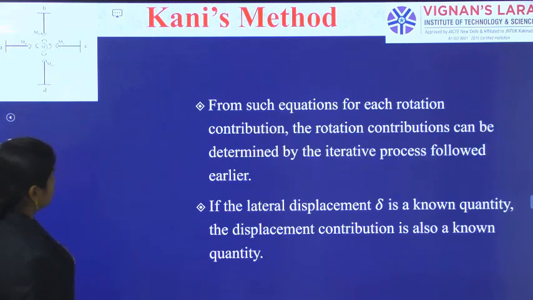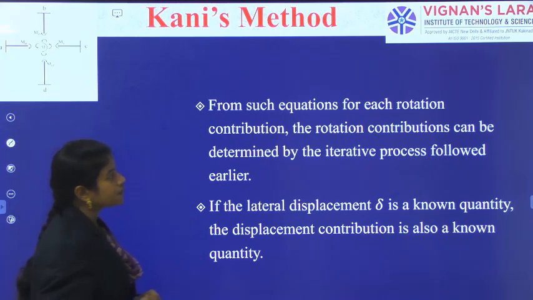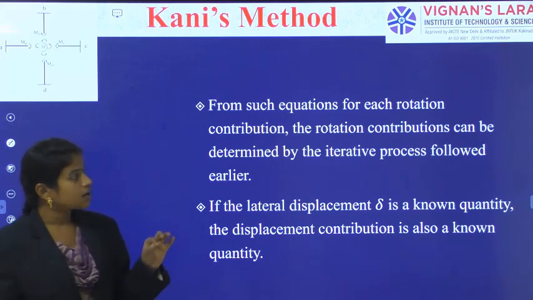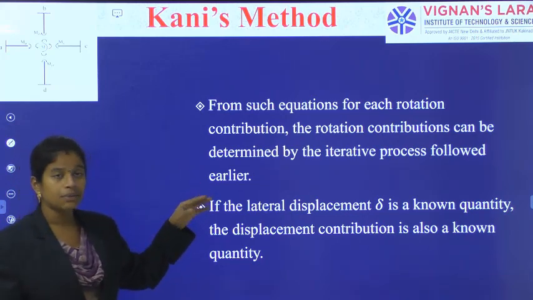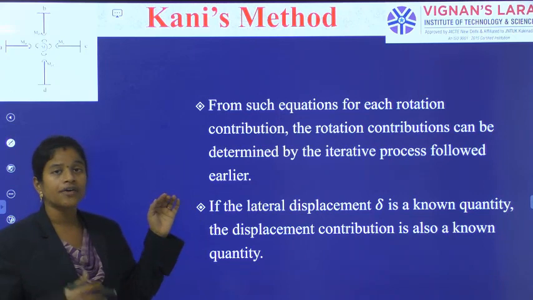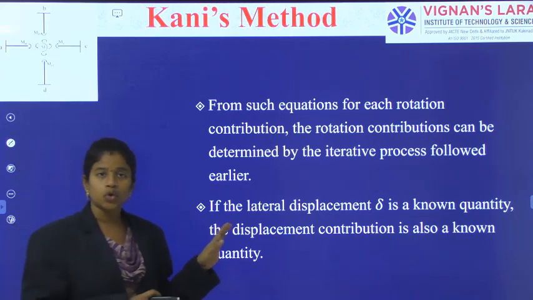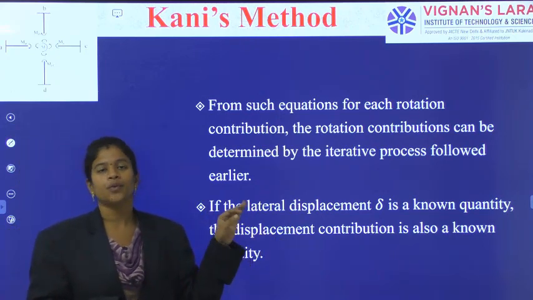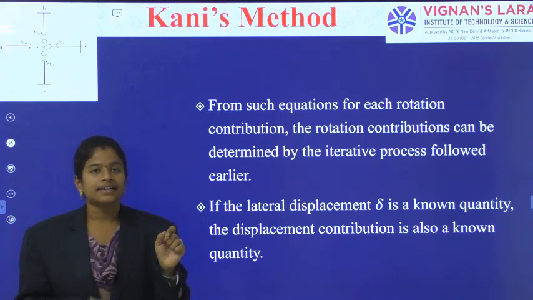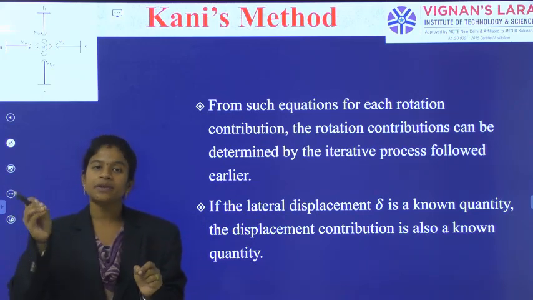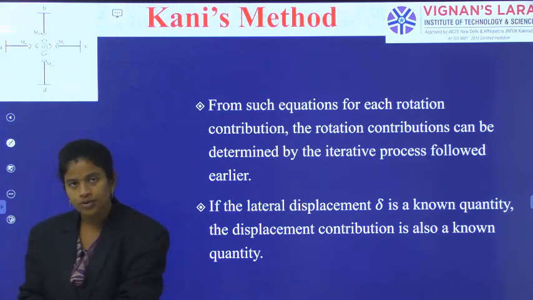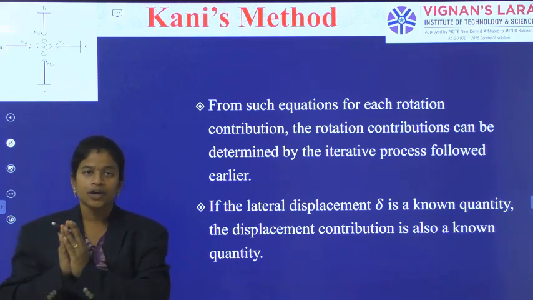From such equations, for each rotation contribution, the rotation contributions can be determined by the iterative process followed as earlier. So there is no change, even though the sinking happened. The only thing is we need to calculate the corresponding displacement contribution. Again we have to follow the same terms. Okay.